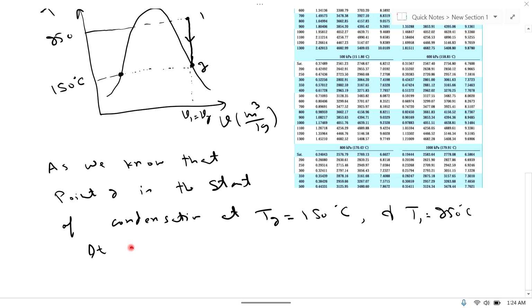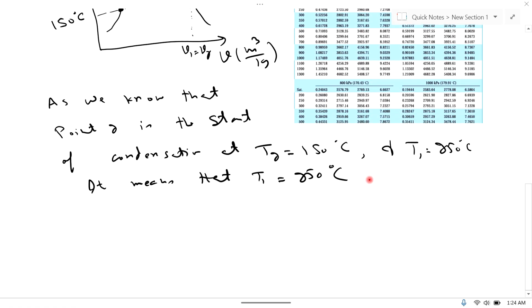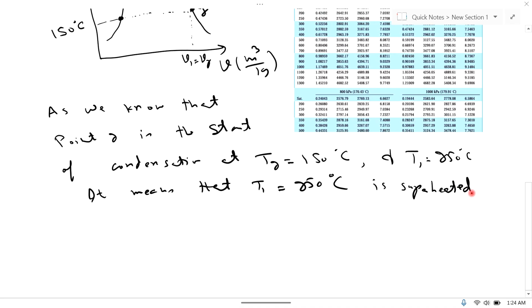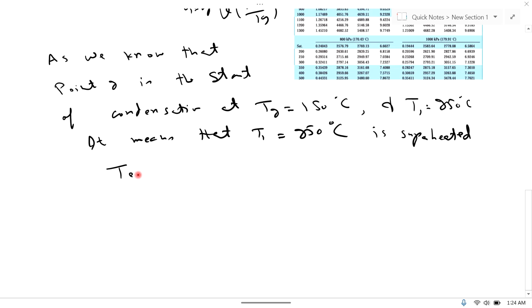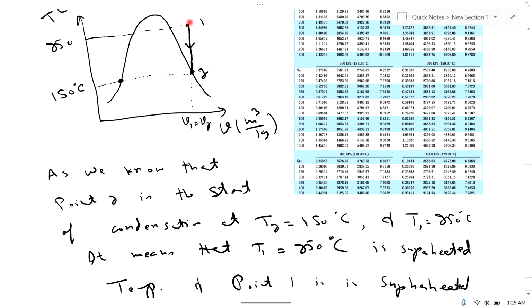It means that T1 equal to 250 degrees centigrade is a superheated temperature, and point 1 is in the superheated region. So this is the TV diagram. Point 1 is in the superheated region, and point 2 is the start of condensation.